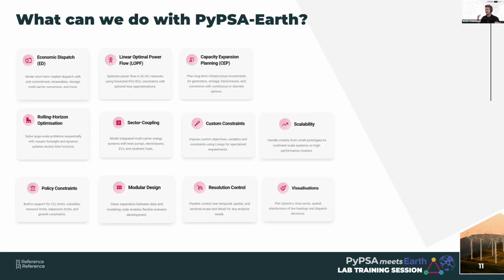We can integrate policy constraints into our network, so we can say, we want to have it limited to a certain number of carbon dioxide emissions. And we can also visualize all our results and our plots.